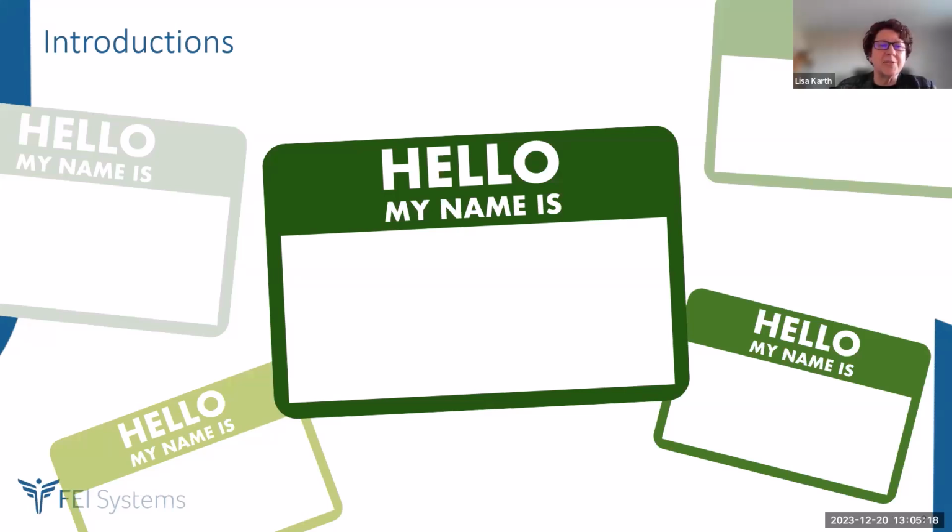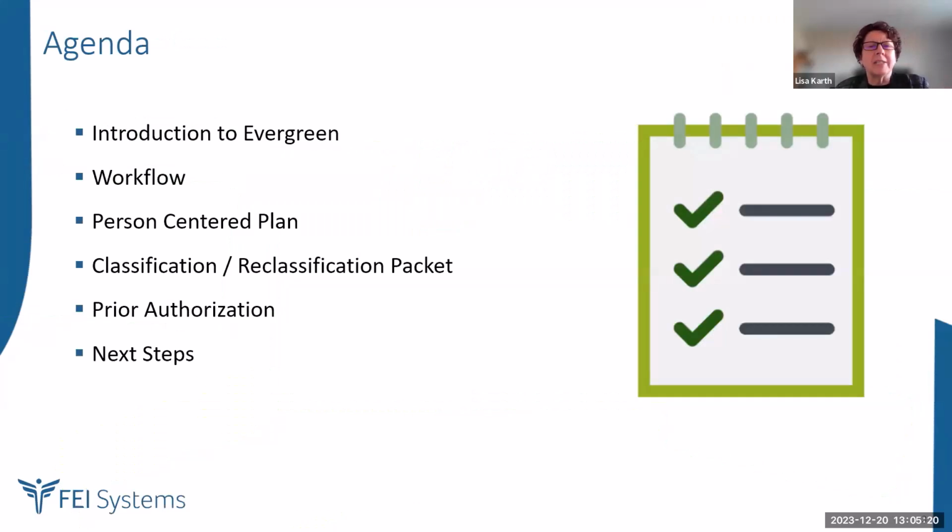Okay, great. Thank you, Leslie. Let me tell you about our time together. First, I want to introduce you to Evergreen, give you a high-level sense of what the system is about and what you can expect from it. We're going to talk about workflows throughout our time together, and we're going to go into the person-centered plan. I'm going to give you a lot more information than you necessarily need.